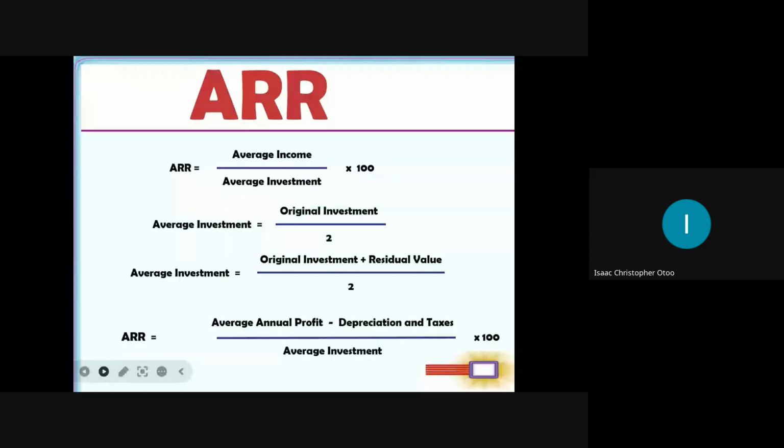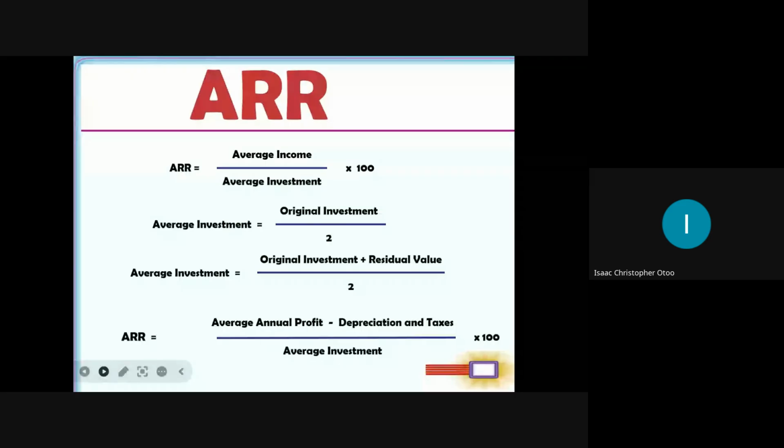So accounting rate of return, or average rate of return, is equal to average income, or some people will say profit, divided by average investment, times 100. Then how do we find the average income or average profit?